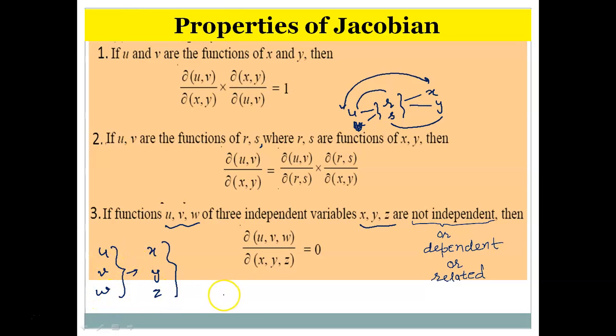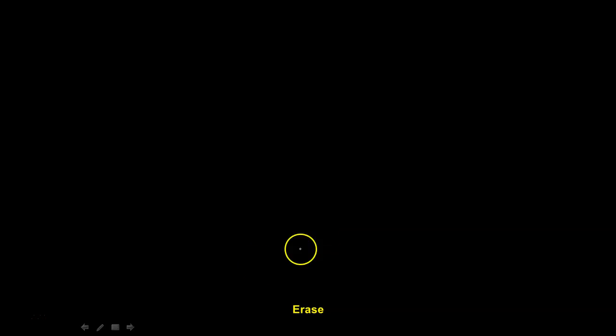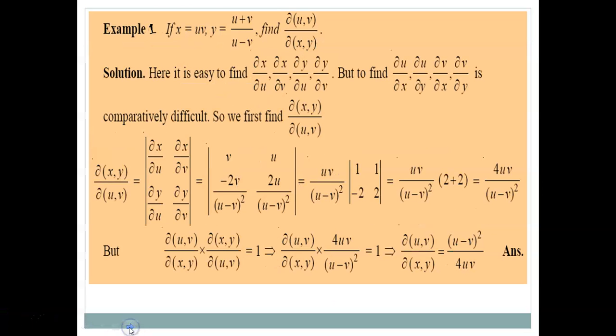That means there must exist some relationship, maybe u plus v plus w equal to 0, or maybe u square plus v square plus w square equal to something. So that way you can say some sort of relationship will be there. So this was the third property.